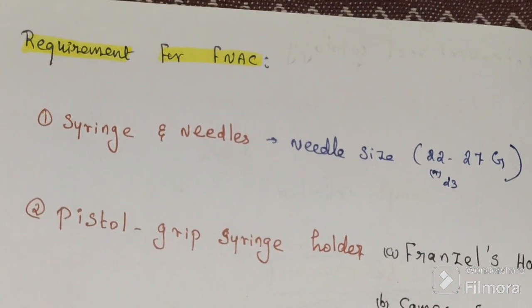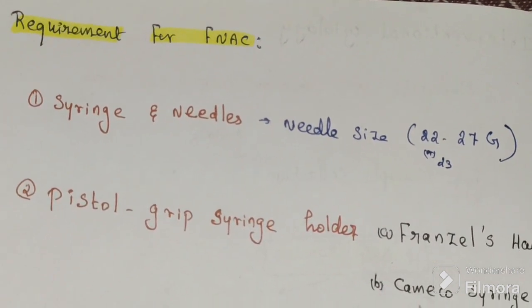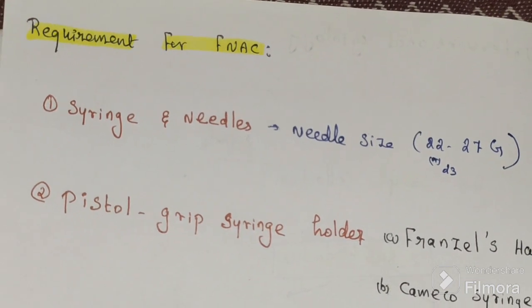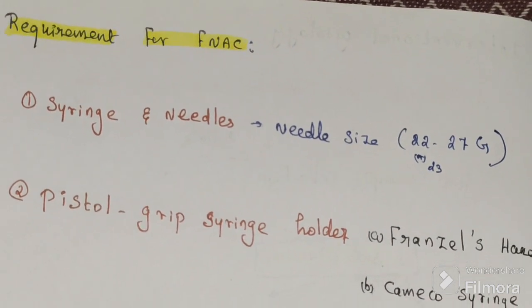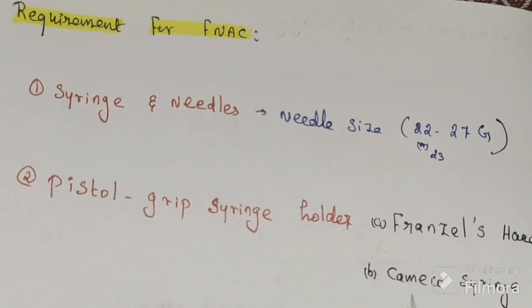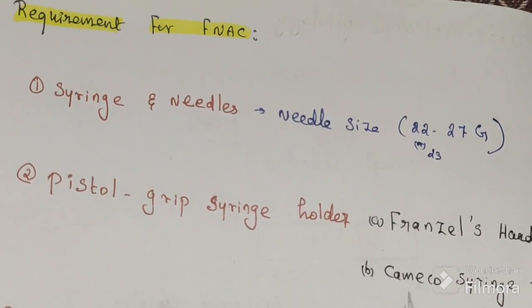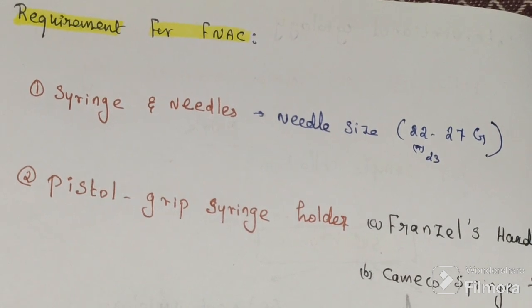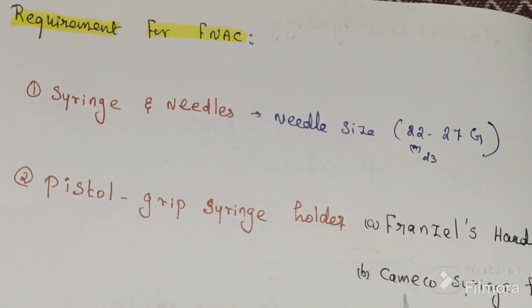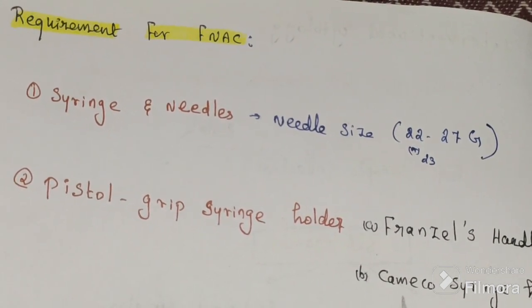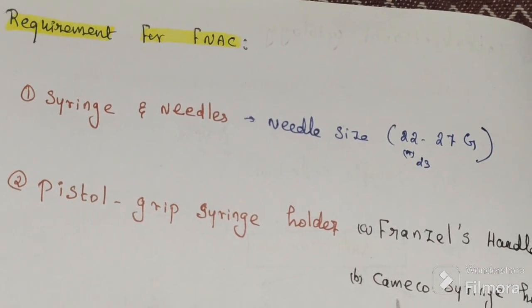Next, what are the requirements for fine needle aspiration cytology? First of all we should take samples from the patient and explain the procedure to the patient in a well explained manner.